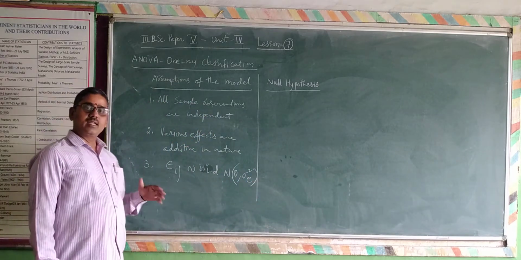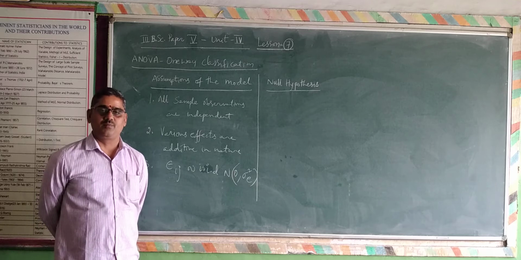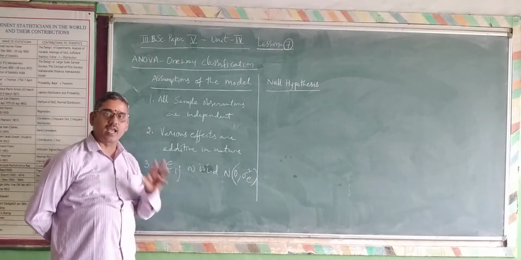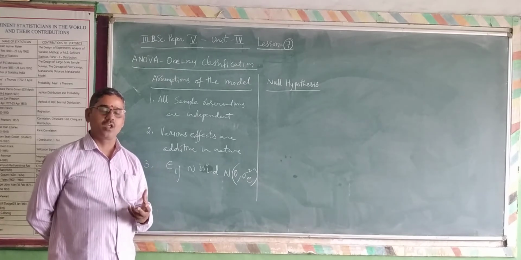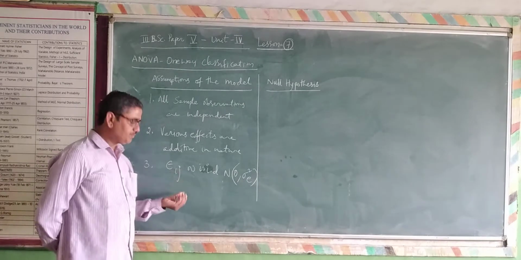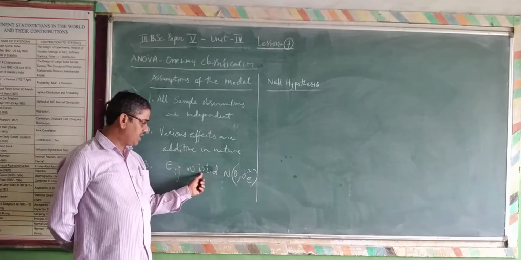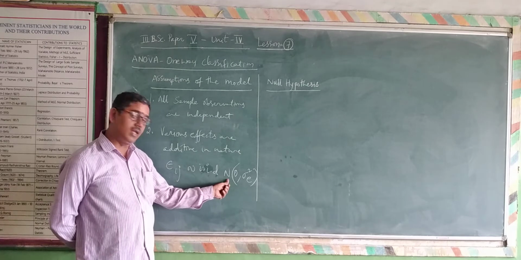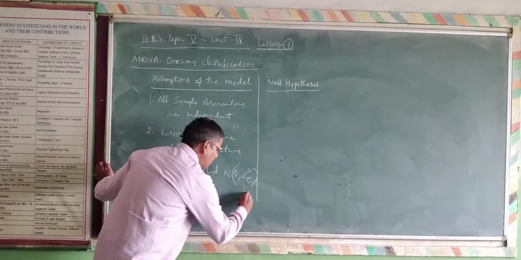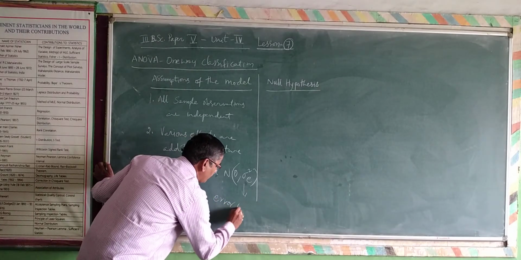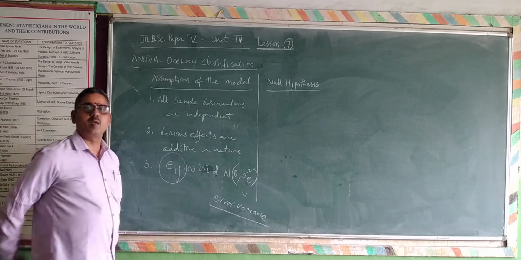Epsilon ij, the error component or the variation due to chance, follows IID, independently and identically distributed normally with mean 0 and variance sigma square e. This is called the error variance, sigma square e, the variance of epsilon ij.